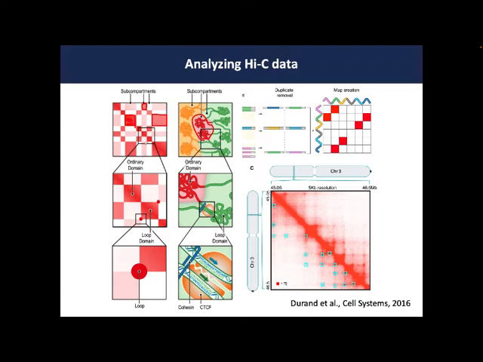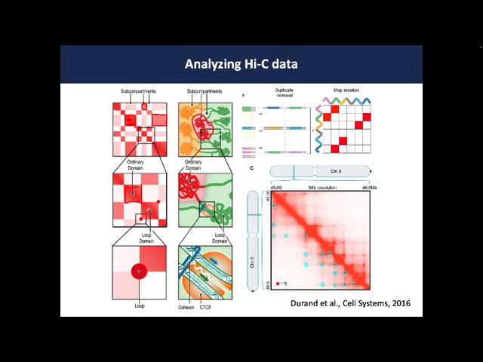Let's amplify this region. If we amplify this, it shows a more microscale structure, the ordinary domains. The ordinary domains are inside this loop, so they are located in almost the same loop.